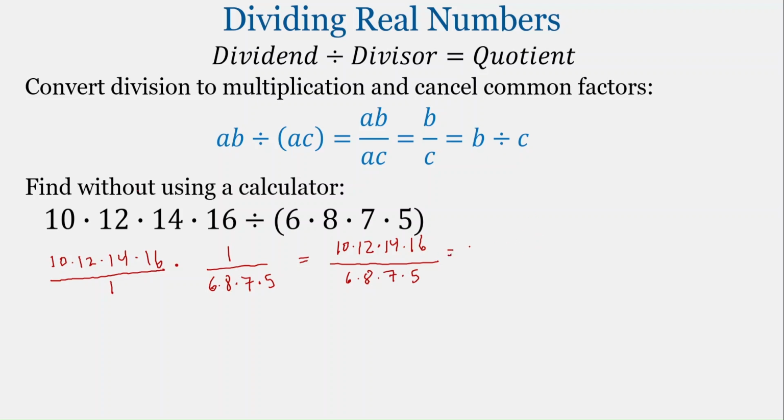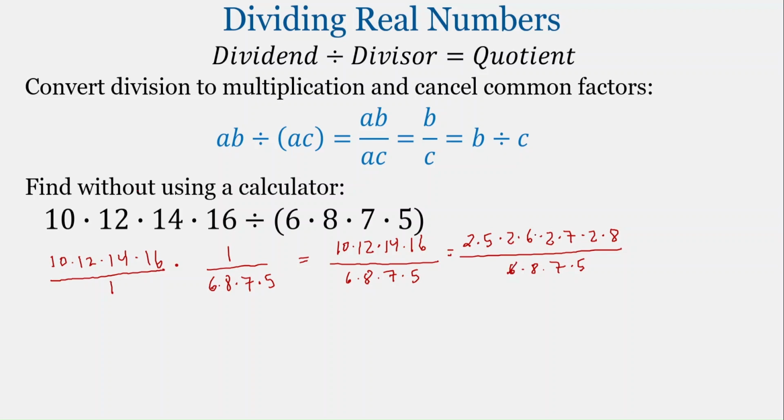Next, I'm going to factor that numerator a bit. So 10 becomes 2 times 5. 12 is 2 times 6. 14 is 2 times 7. And 16 is 2 times 8. We'll leave the denominator as is: 6 times 8 times 7 times 5. Now we can cancel things out.